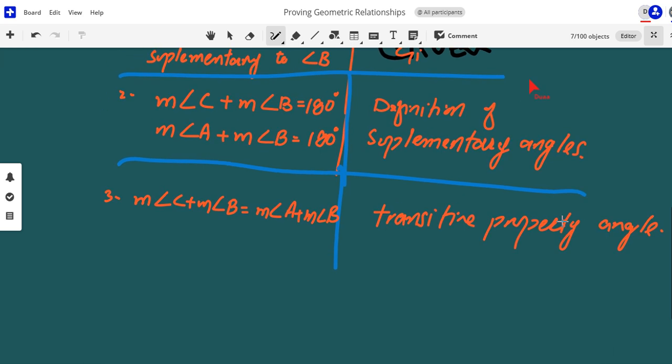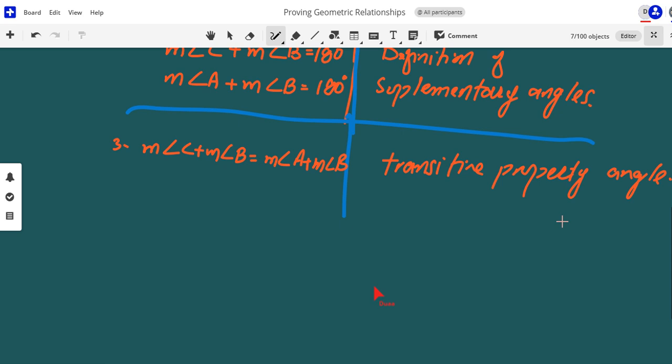Now you can see this measure of angle B is present on both sides, right? So I can cancel this one out.